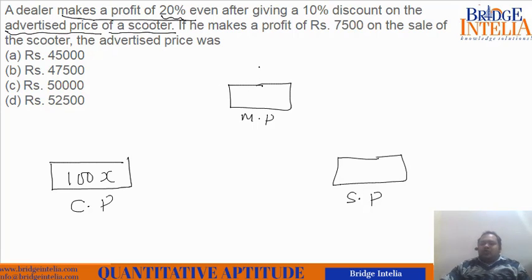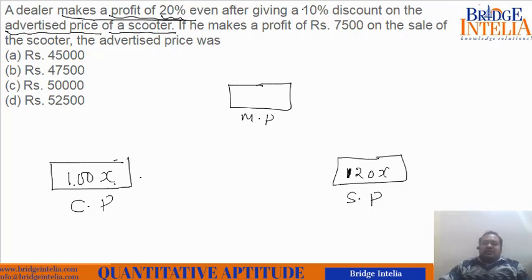So though we may not be able to understand what the marked price is, but we can immediately calculate what the selling price was, because it is already known that there was a profit of 20%. So selling price must be equal to 120x, additional 20%. So 100x plus 20x. So 120x.